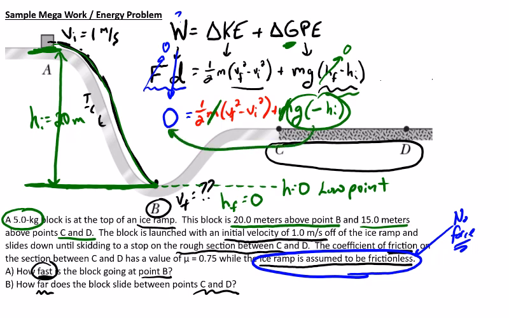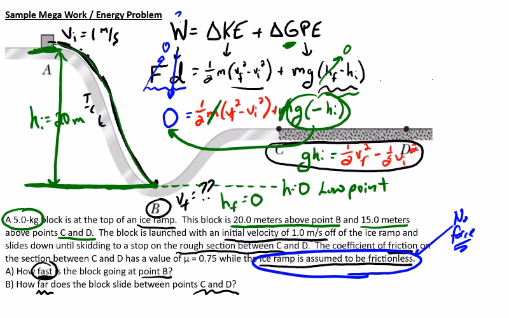Since I'm adding that, I'm going to have g times Hi on the left side. And then over here on the right side, I have what I have left: 1/2 final velocity squared minus 1/2 times my initial velocity squared.